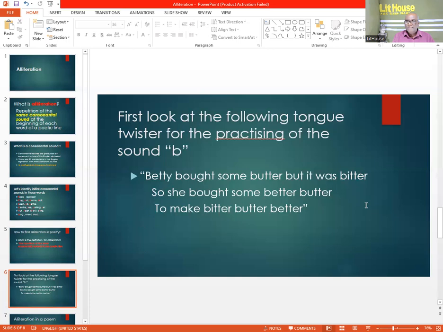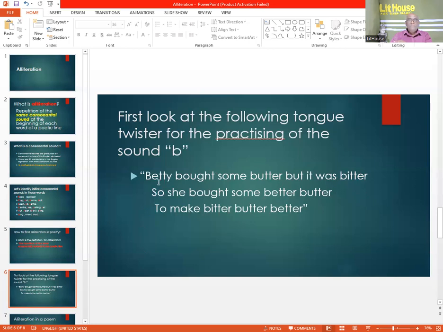Now, foreign learners, non-native learners of English, they have this difficulty. Now, tongue twisters are created by repeating the same sound in alliteration.